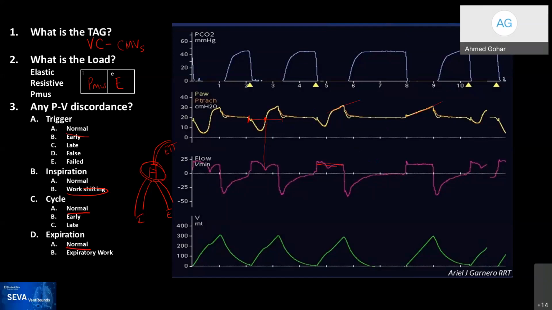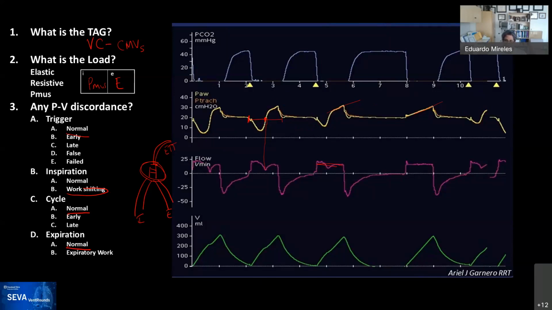Yeah, and you can imagine, this is the issue of why we need a consensus statement and a little bit more research, coming to terms and saying, how and when are we going to call it? Because if you did an asynchrony index on this patient, the number of asynchrony issues that you would highlight would be increased by the number of late cycles if you were calling that part of your issue, as well as the work shifting and the degree of work shifting that exists.